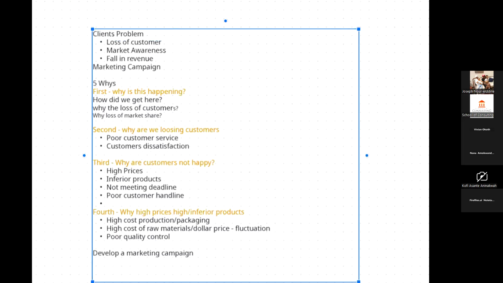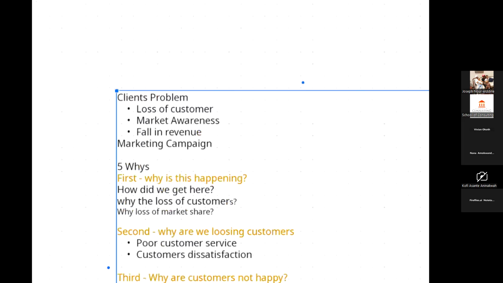No, I think you cannot solve the problem because the marketing is a symptom of the root cause. So unless you find the root cause of the problem, you probably have a temporary relief and then come back. We can do a marketing campaign, attract new customers, create awareness of the brand, bring back old customers, and generate some revenue.